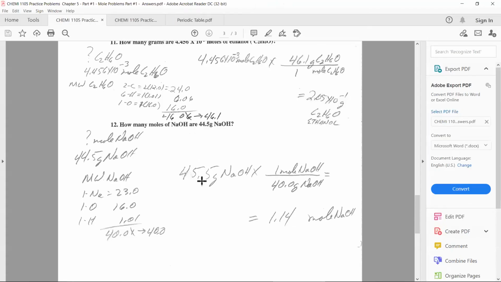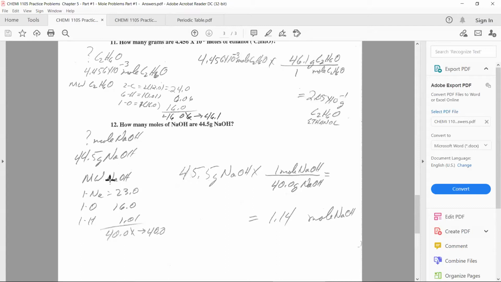So here's what I have to start with, trying to get the moles of NaOH. And this goes on top of the ratio, moles of NaOH, trying to get rid of grams of NaOH. This goes underneath. 1 mole of a compound equals how many grams? Its molecular weight.